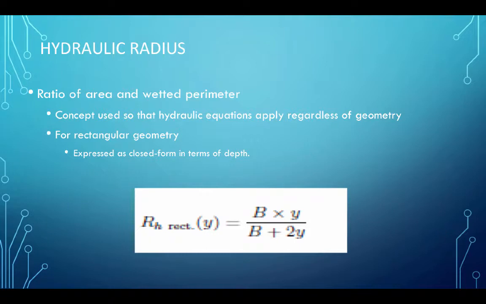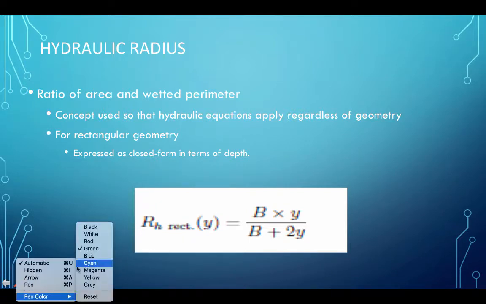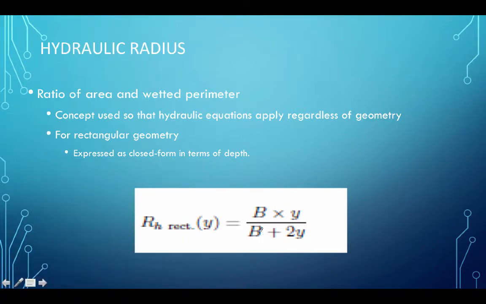If the channel is really wide, so if b is very large relative to y, we can simplify this version. If b is big relative to y, then in the denominator, the 2y isn't very much of the denominator, and mostly it's made up by b.